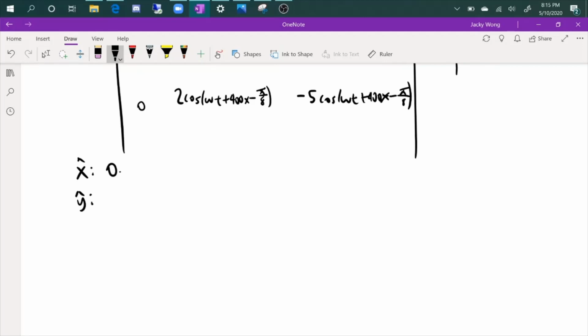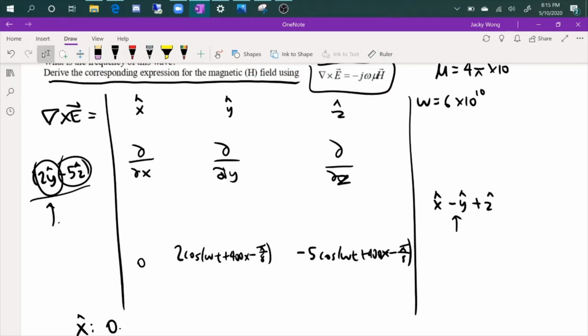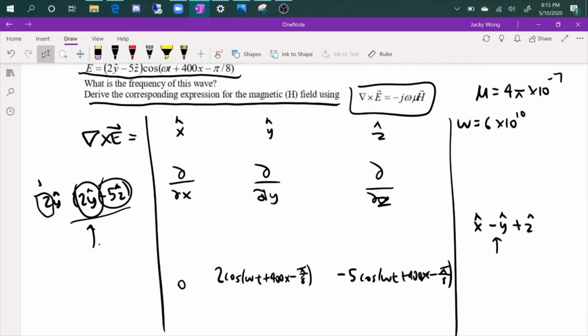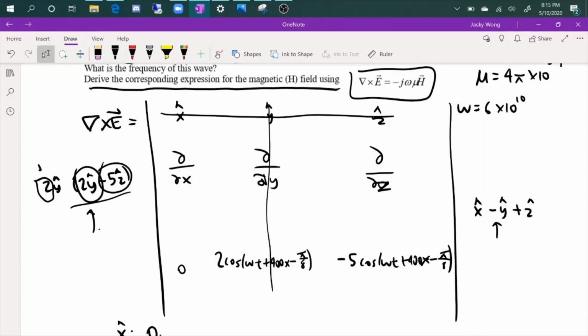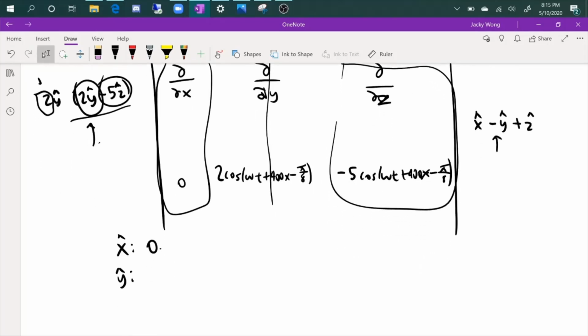For the y, we need to solve because there is a y in this equation. To solve the 3 by 3 for the y, we take out the y row and the first row, and we're left with the x row and the z row to make a 2 by 2 matrix.